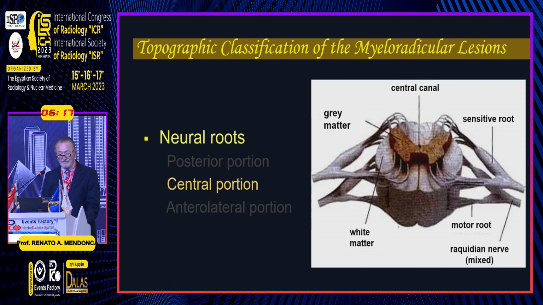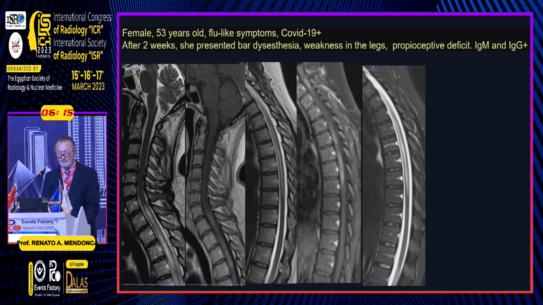The involvement of the central portion of the spinal cord. This is a patient of 50 years old with COVID-19. After 2 weeks, she presented with dysesthesia, weakness in the legs, and proprioceptive deficit, IgM and IgG positive.